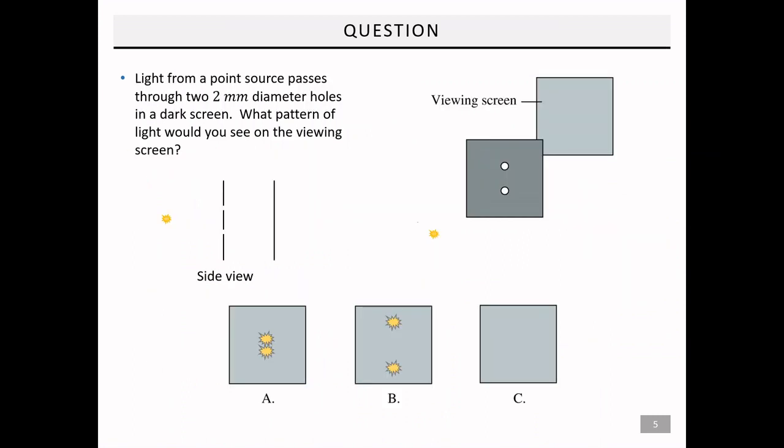So then, a question. You start with a point source, like this one near the center. This point source is emitting light in all directions. Some of that light passes through these two holes in the dark screen. The light will show up on the viewing screen in the back, and the question is, what pattern of light do you see on the viewing screen?